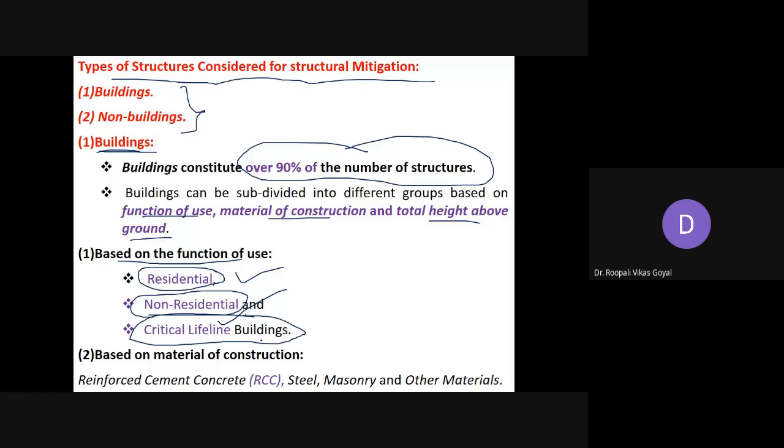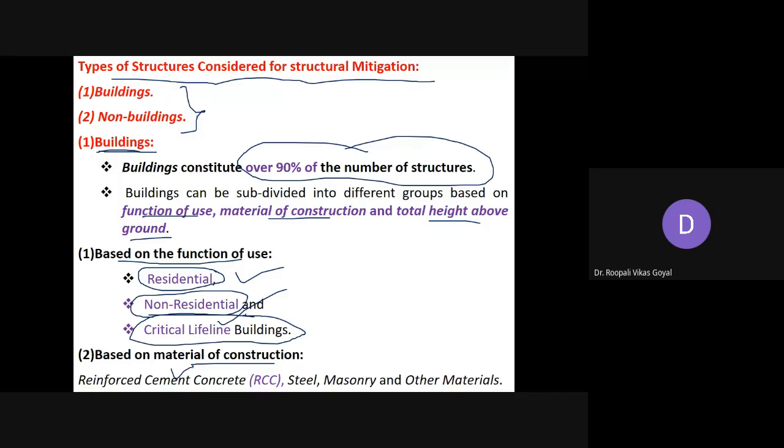Now, based on material of construction, which is related to the civil engineering part, most buildings are reinforced cement concrete, that is RCC. Reinforced cement concrete means a mixture of reinforcement bars along with the concrete, which is a mixture of cement, sand, and aggregate.